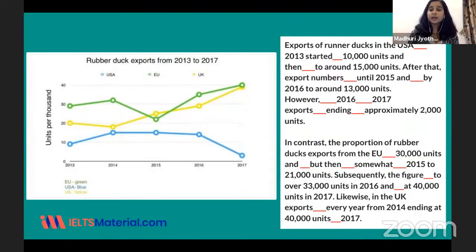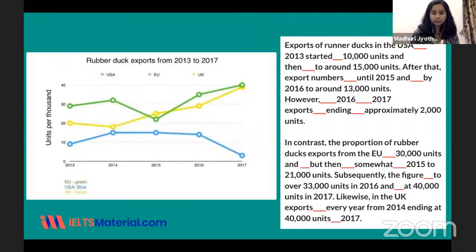And then I can say after that, export numbers leveled off until 2015, or it stayed the same, or it was stagnant until 2015, or it rose in 2015, or from 2015. So you can change up your words, you can change your vocabulary, the use of words in your essay.